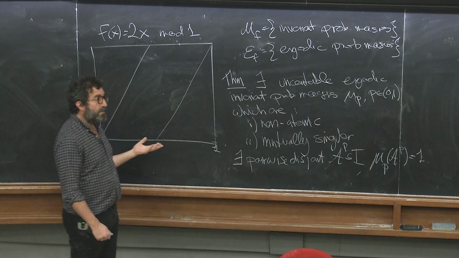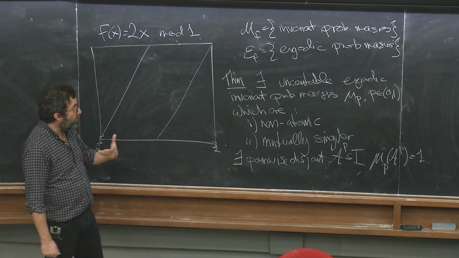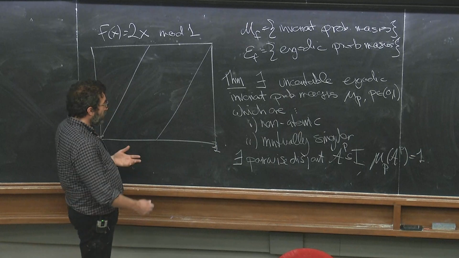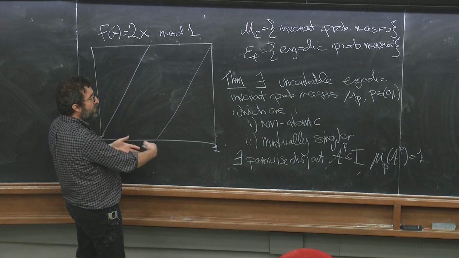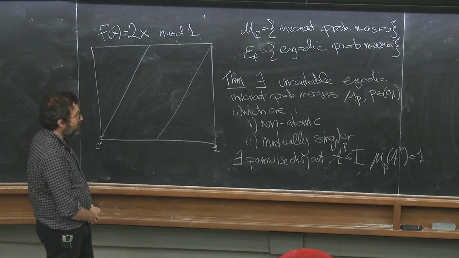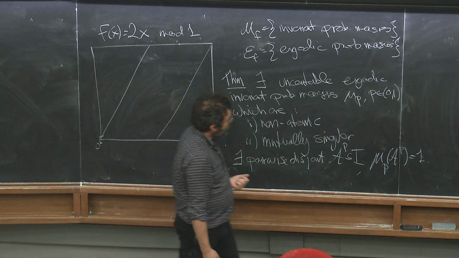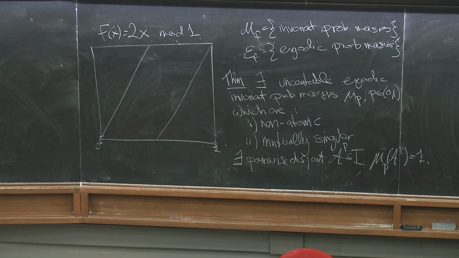What I'm going to introduce is a new tool, motivated by showing that there exist other measures that are ergodic and invariant, that are not Dirac deltas and not Lebesgue. So how am I going to do this?